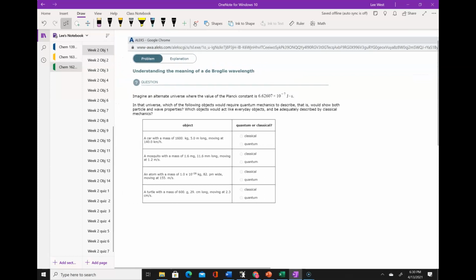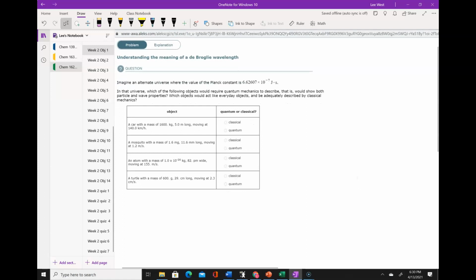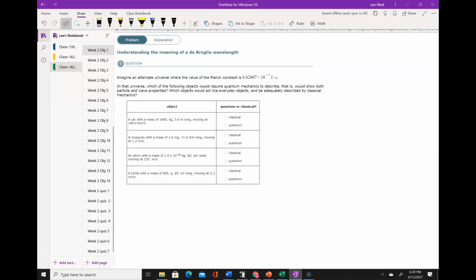It says, imagine an alternate universe where the value of Planck's constant is a little different. Instead of it being 10 to the minus 34 joule seconds, it's going to be 6.62607 by 10 to the minus 7 joule seconds. Okay, so we're going to have to keep that in mind. In that universe, which of the following objects would require quantum mechanics to describe, that is, would show both particle and wave properties?